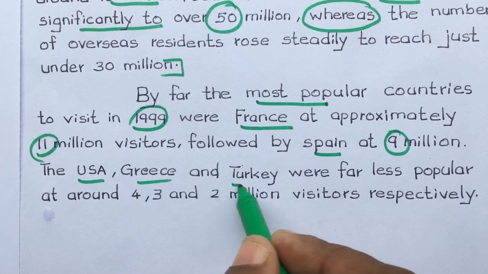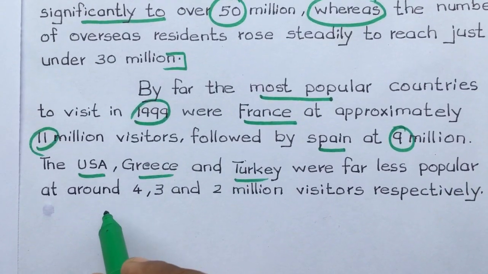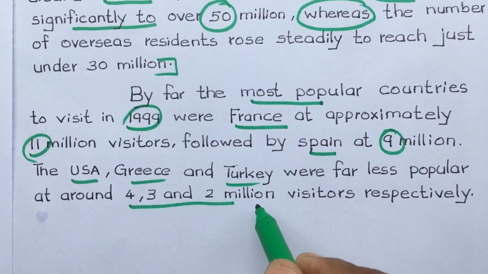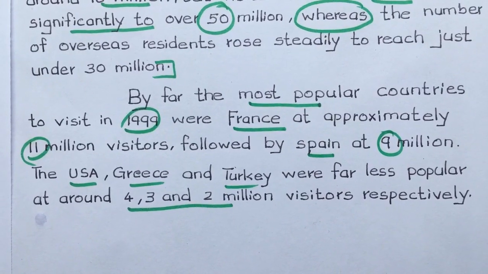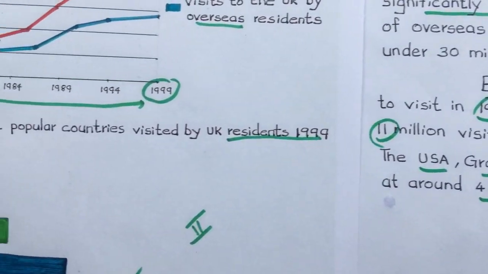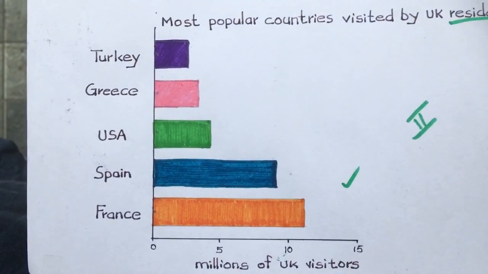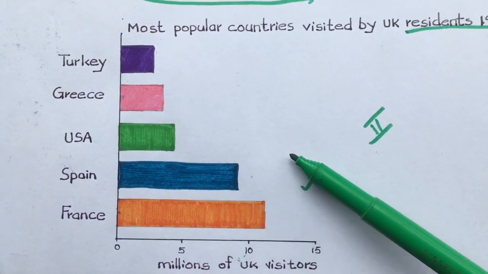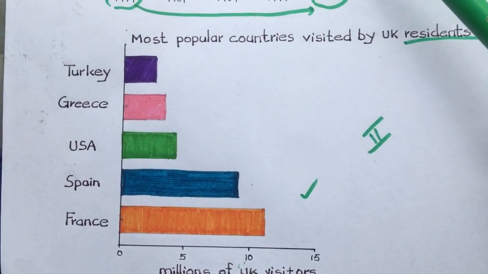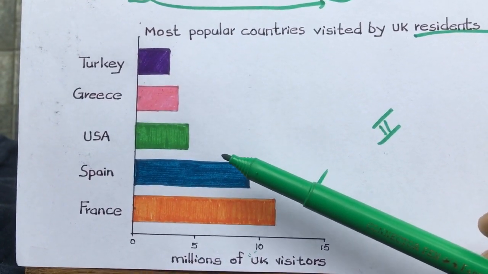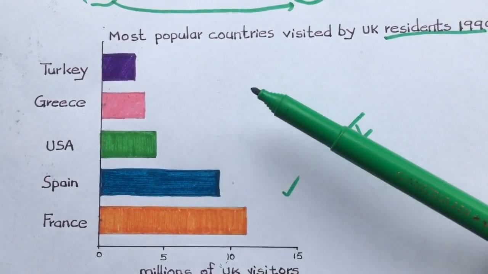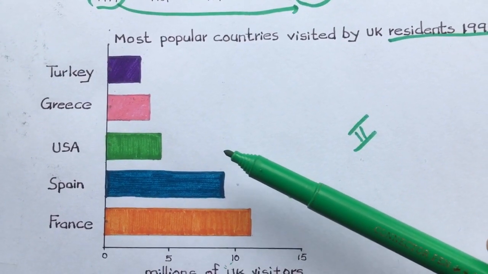Then USA, Greece and Turkey were far less popular at around 4, 3 and 2 million visitors respectively. Let's move to the diagram, then you will understand. We have just discussed only the line graph. Now we have to move to the bar graph as well, because whatever data is given in your bar graph, it should be there in your essay. Okay.